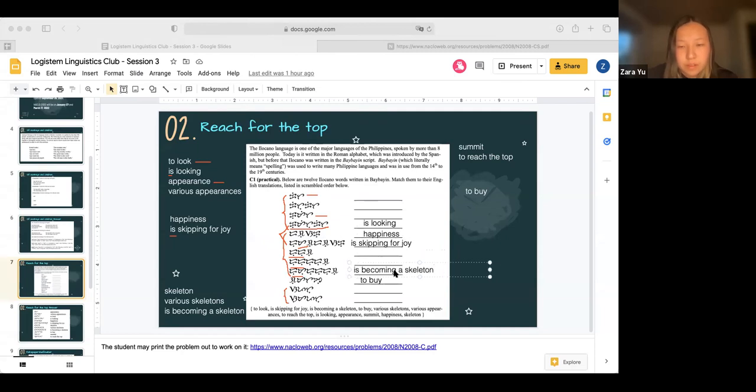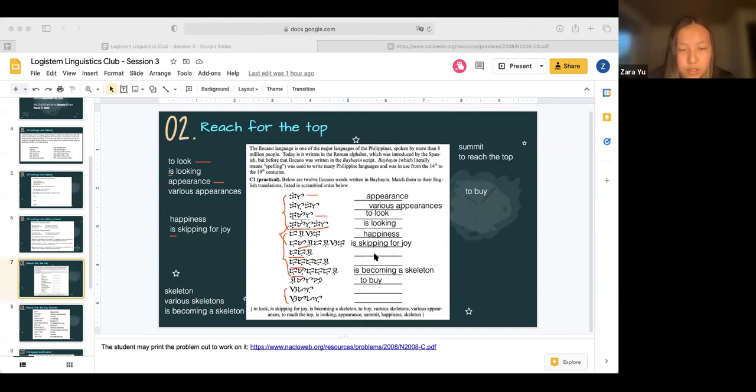So if we have is looking, then the one on top, because they both start with this beginning here, would be to look. The one on the very top is appearance, and this one would be various appearances.